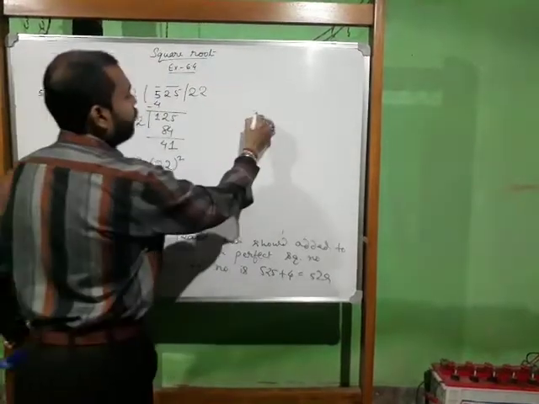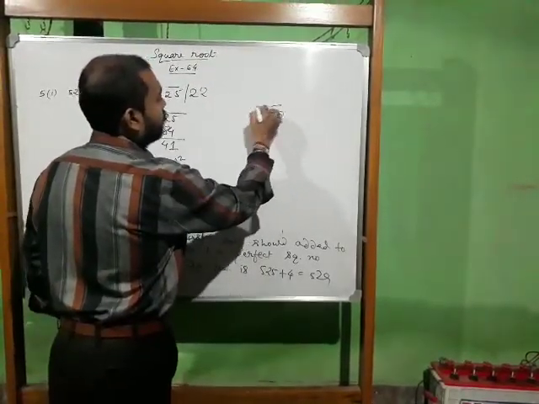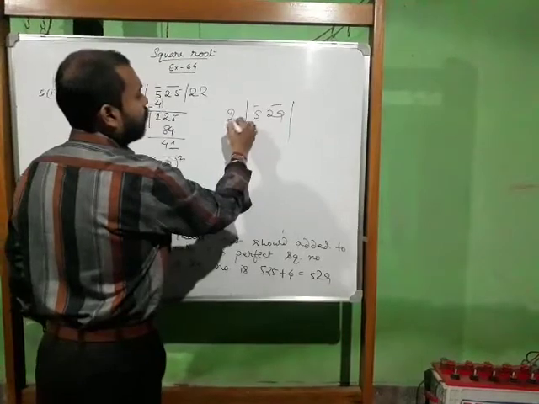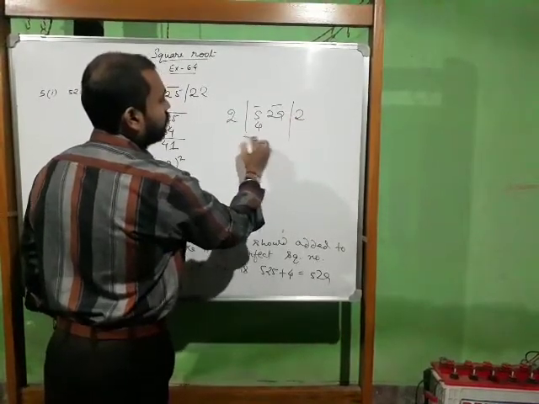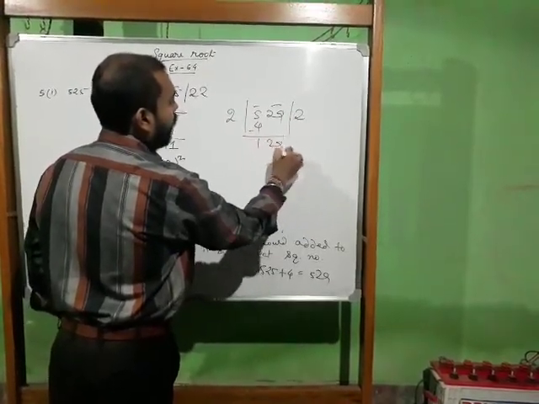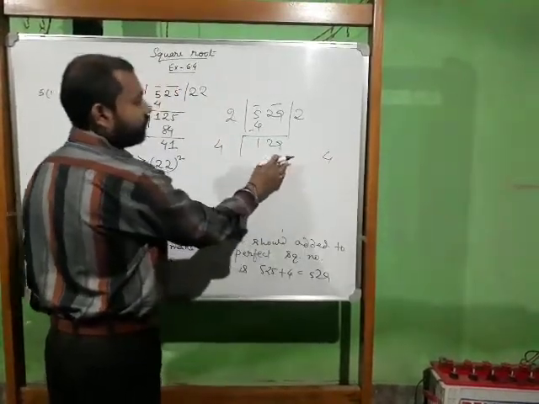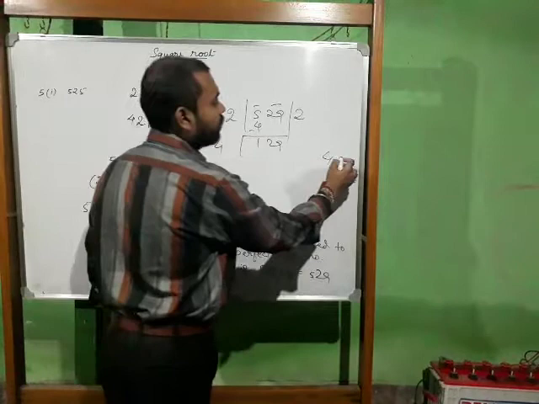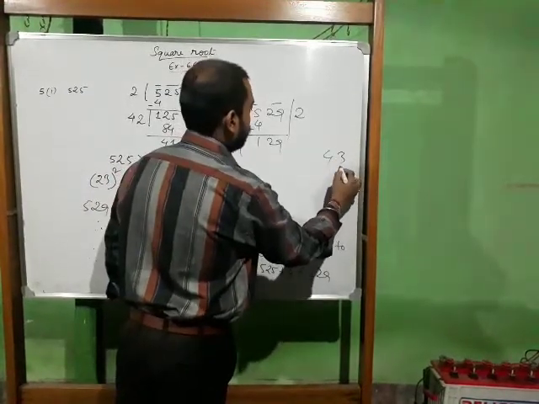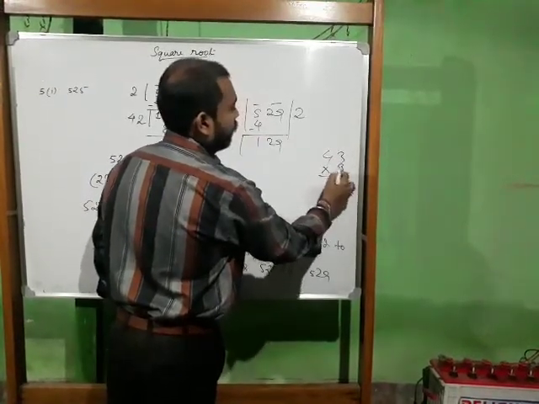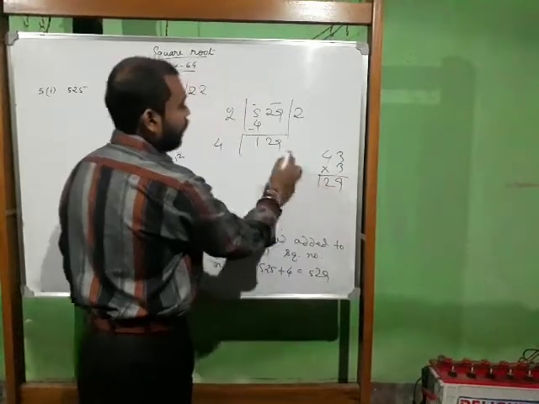Now if I take 529, let us confirm it. 2 2s are 4, 129. 2 double, it is 4. Now since the last digit 9 is there, we can take 3. 3 3s are 9, 4 3s are 12. You see 129 has come.